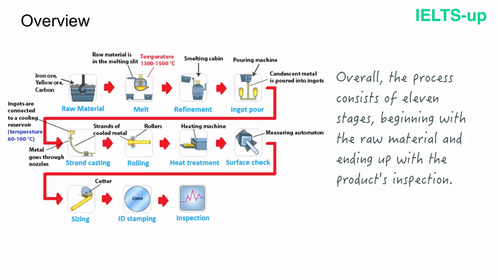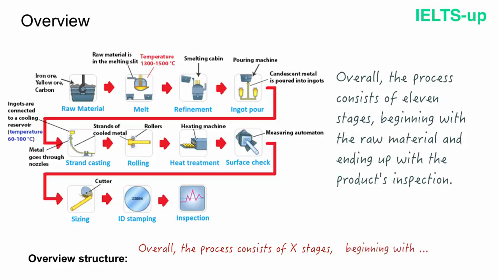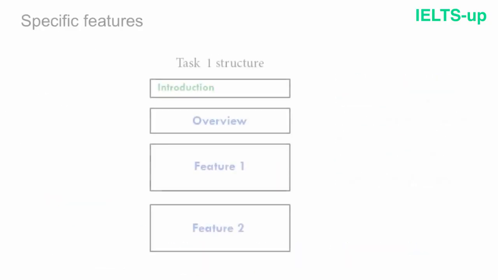For this, I used the phrases, beginning with and ending up with. So, this is how you should structure an overview. Overall, the process consists of X stages, beginning with something and ending up with something. Well, that's all with our overview, and we move on to the next paragraph.